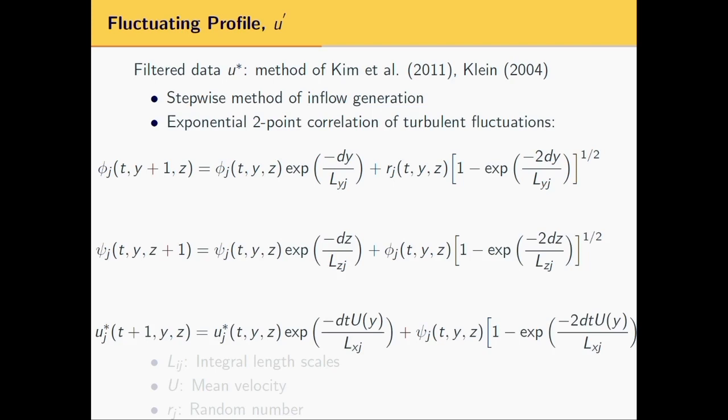That gives you a full plane of filtered fluctuations, which can then be scaled and added to your mean profile. And the key input here is your integral length scales. By prescribing those, the turbulent structure can have basically the correct shape.